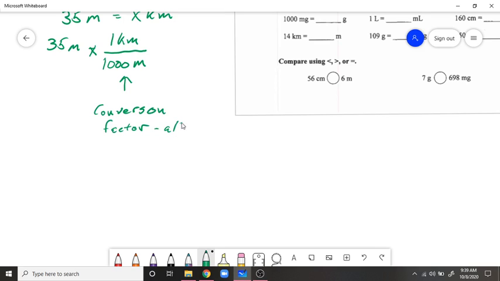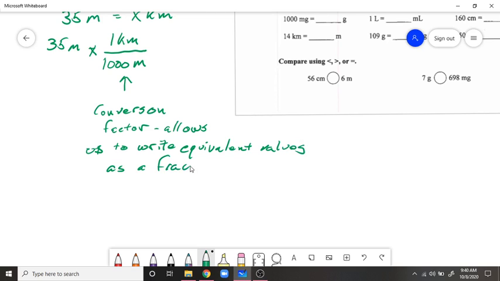This allows us to write equivalent values as a fraction. That is equal to 1.